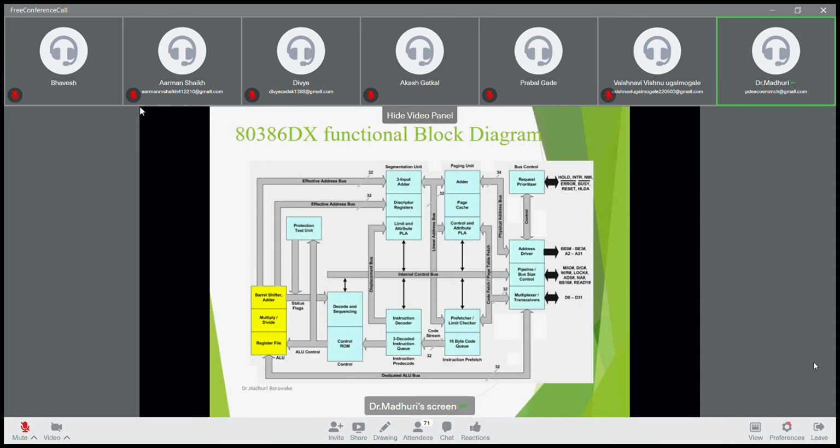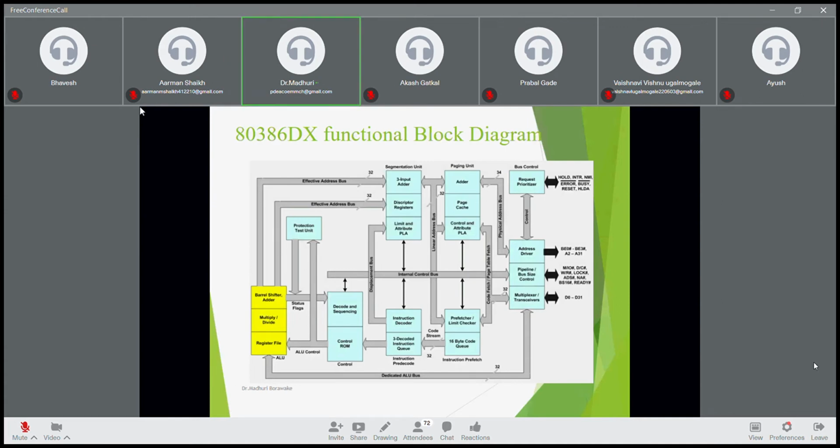Now see, this is the architecture of the 386 microprocessor. It is basically divided into two main units. The first unit is called the bus interface unit, and the second unit is called the execution unit. I think you remember the 8086 architecture.